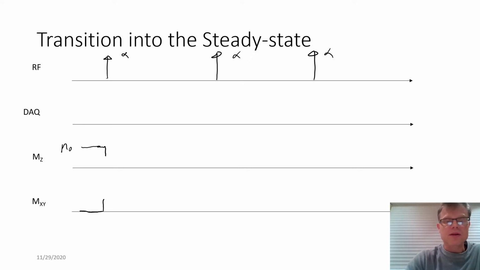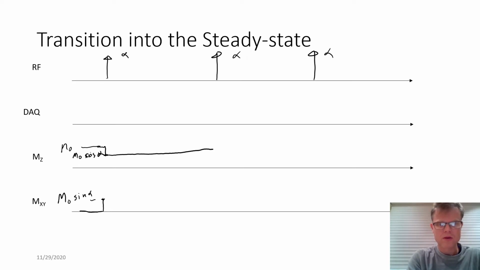Now this is going to be a net rotation. So the amplitude here would be whatever Mz was before times the sine of alpha. And this value right here is going to be the cosine of alpha. So it's the trig relationship for this rotation by an arbitrary angle alpha.